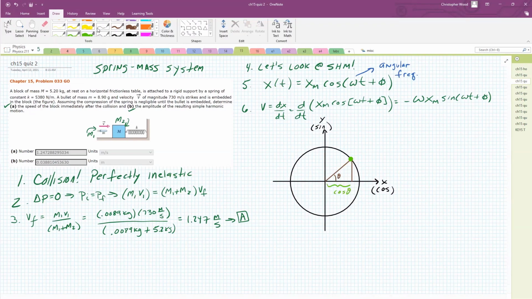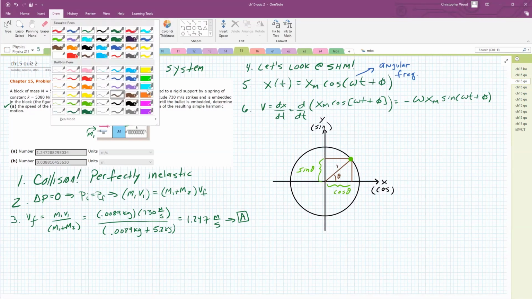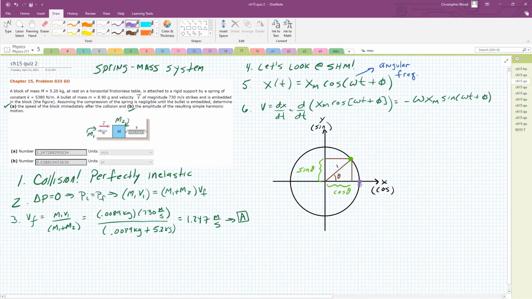If I project this leftward to the y-axis, whatever that value is right here, we call that sine theta. This unit circle means this radius is 1. So the greatest value cosine can ever attain is 1.